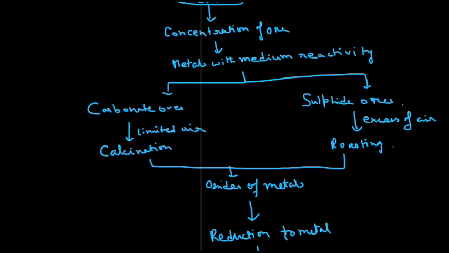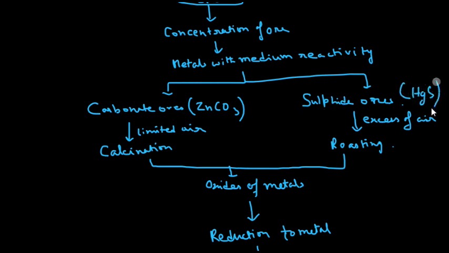If I want to write an example for carbonate ore, it can be ZnCO3, zinc carbonate, or it can be a sulfide ore like HgS, cinnabar, or ZnS.